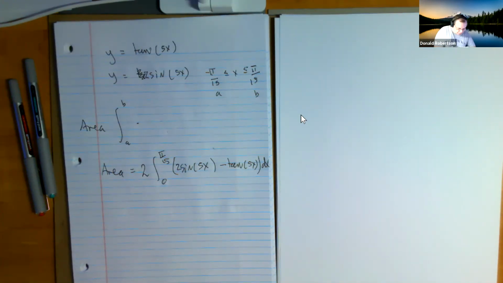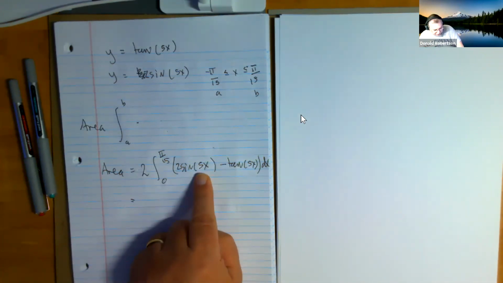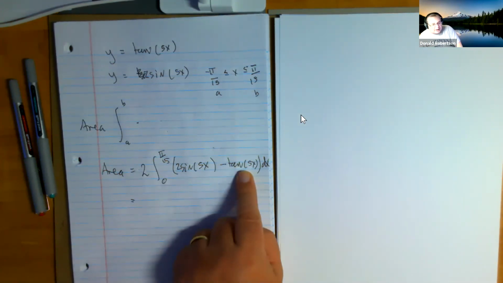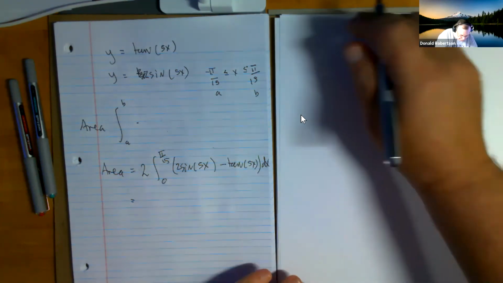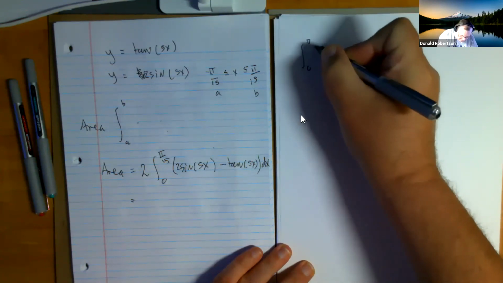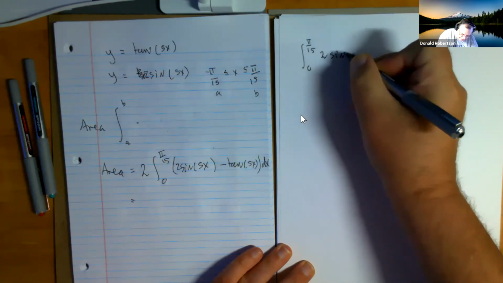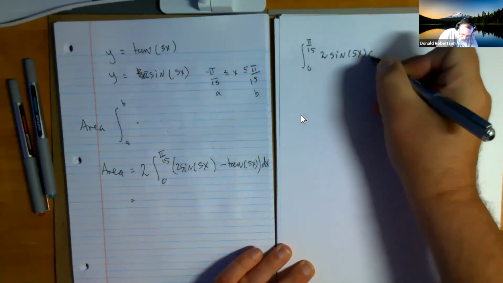And as if that wasn't bad enough, we now have to integrate 2 sine 5x and the integration of tan 5x. I am going to do both of them totally separate from each other. So I'm going to do that guy.